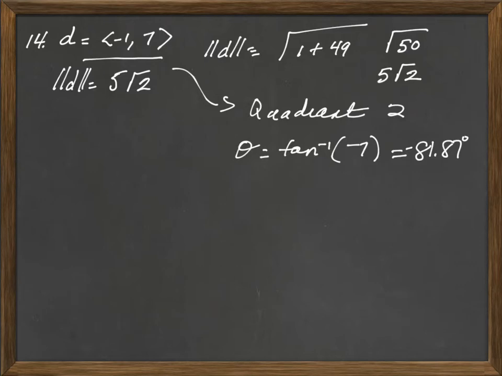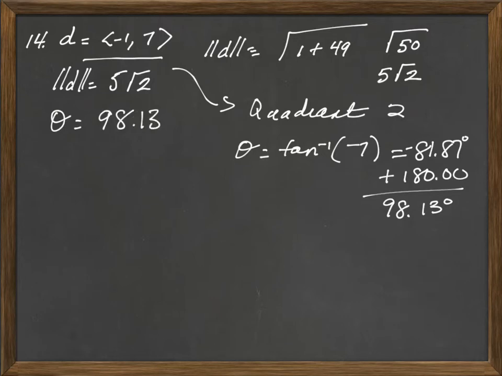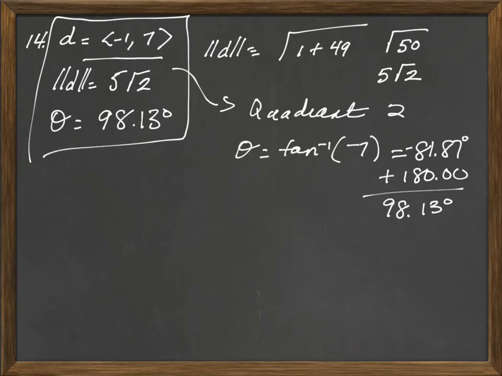And so we would add 180 degrees to that, which is really subtracting. And you get 98.13 degrees. So theta is 98.13 degrees. So there's your answer for number 14.